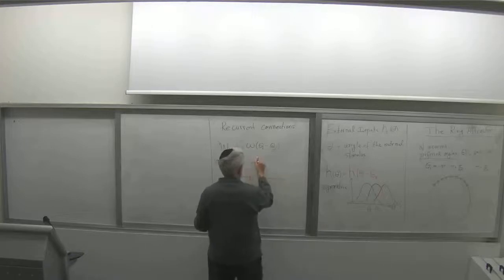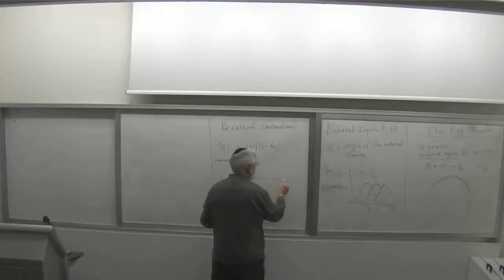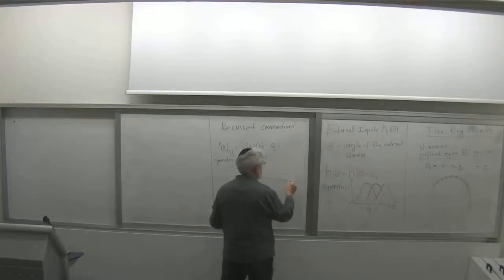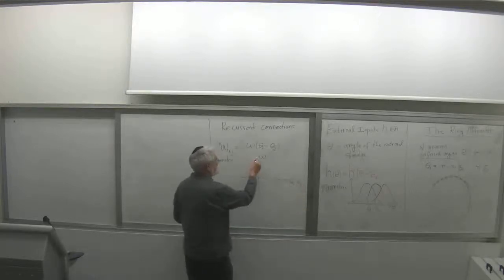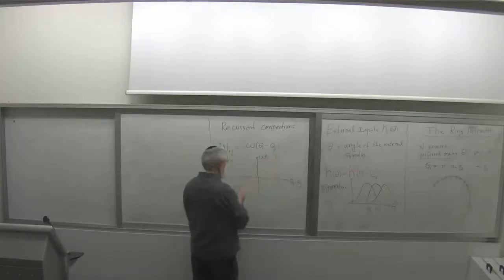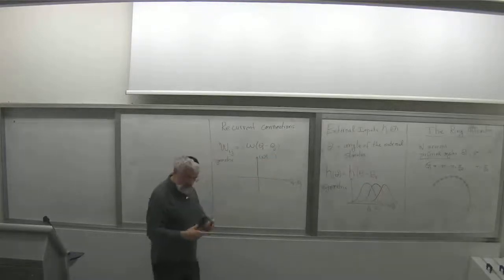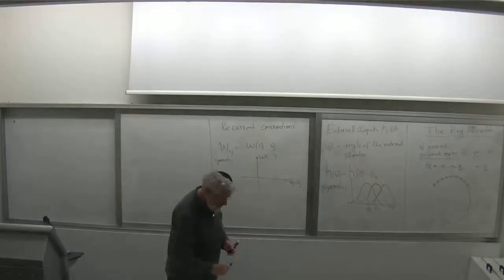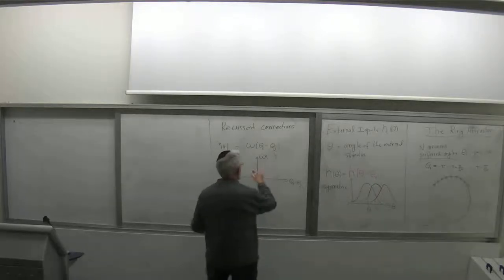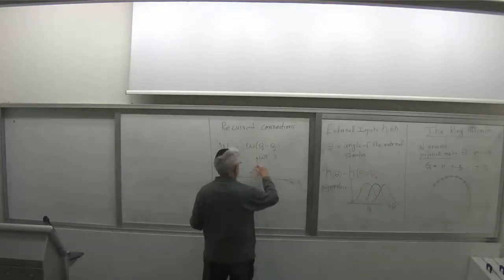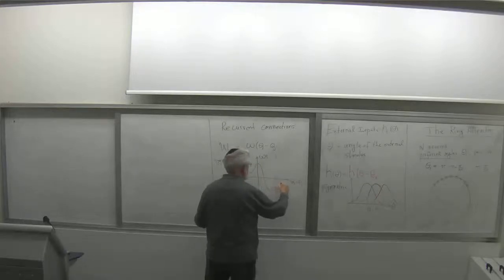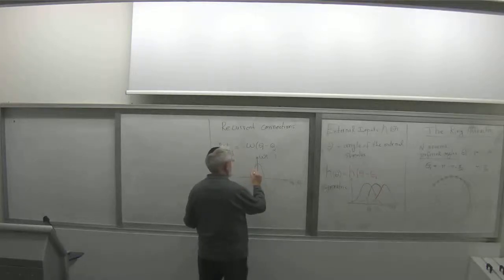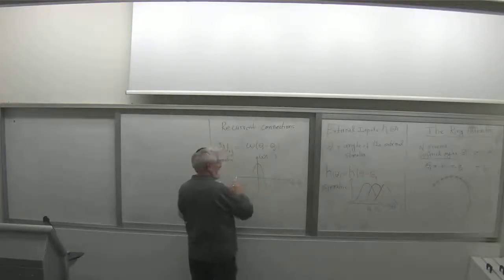So again, I'm going to draw now the function W as a function of theta I minus theta J. It will have some profile which is positive near the origin and negative far away.